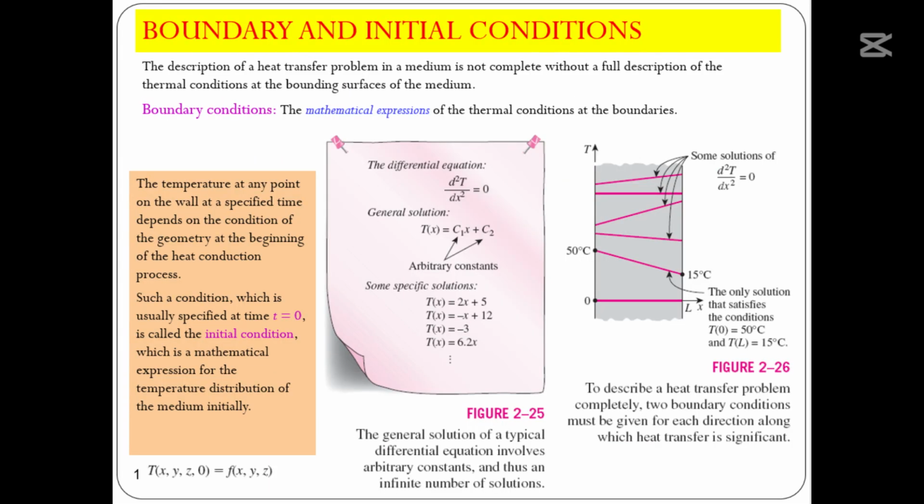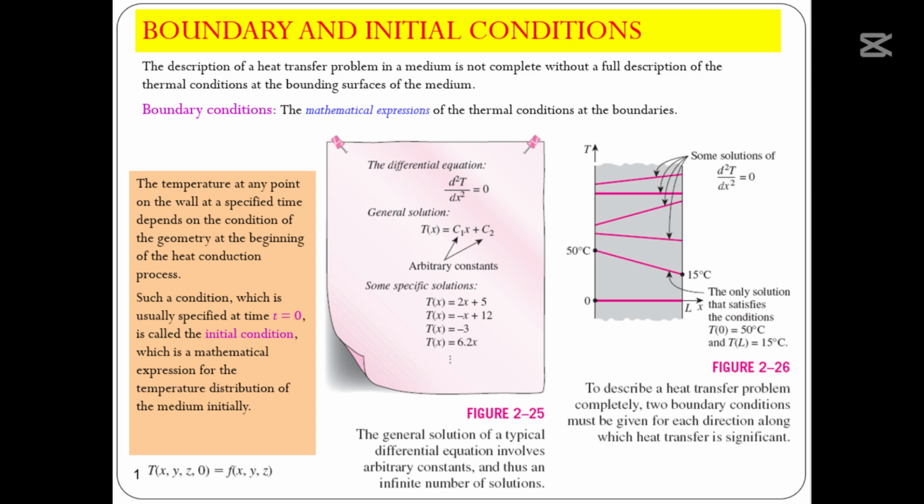As we have seen, the heat conduction equation has one, two, or three derivatives involved. It means these are differential equations, and if we want to solve these equations, we must solve these differential equations. For a differential equation, we know that we need to integrate it two times, because this was the equation we have seen before, in which the temperature changes with respect to direction, that was the x direction.